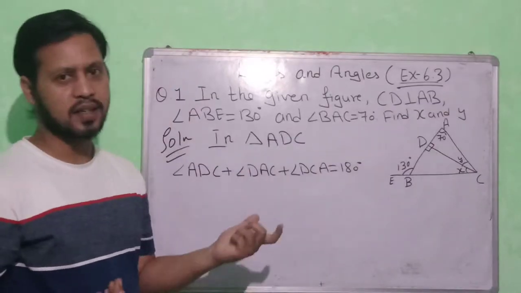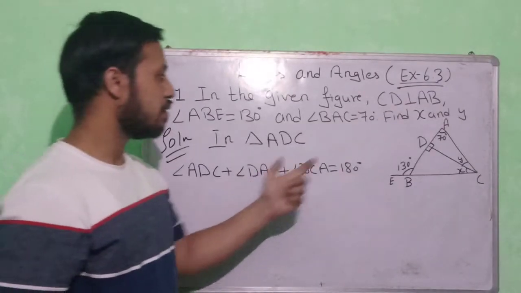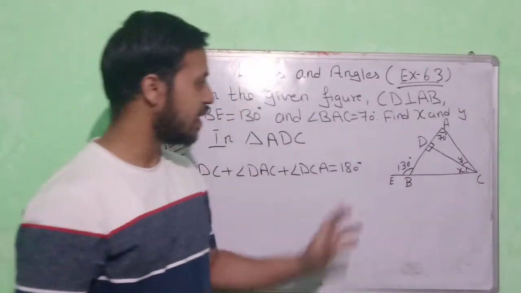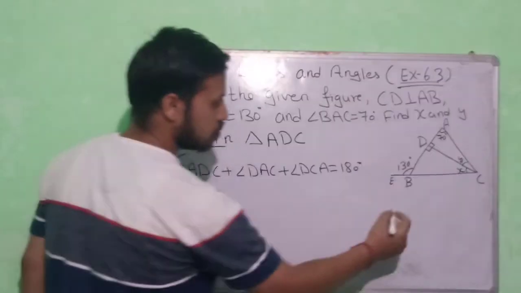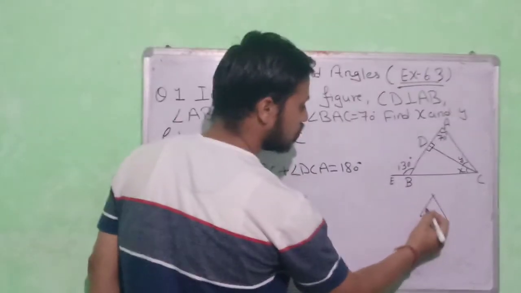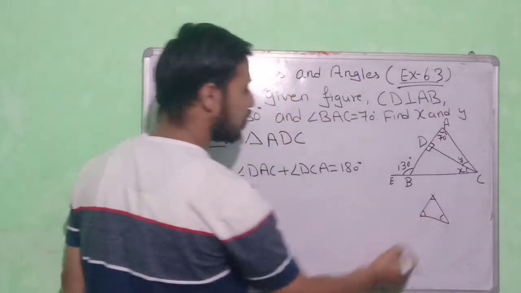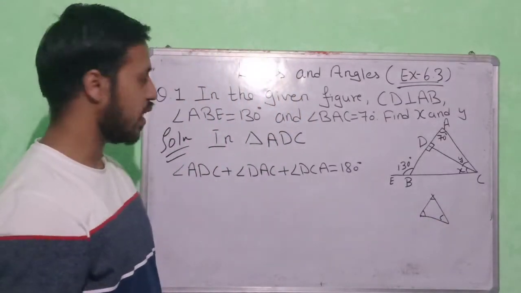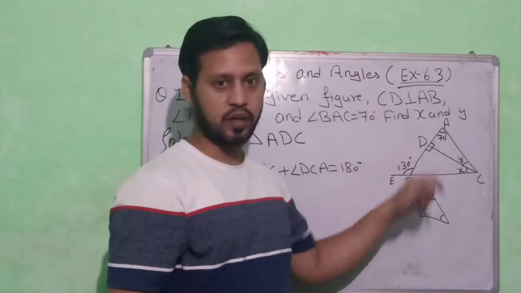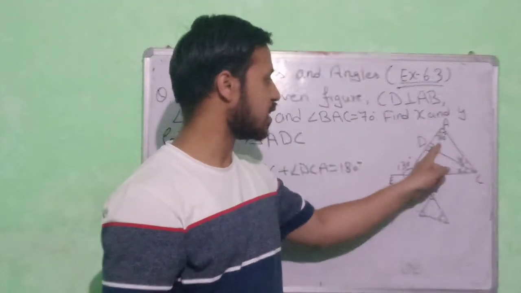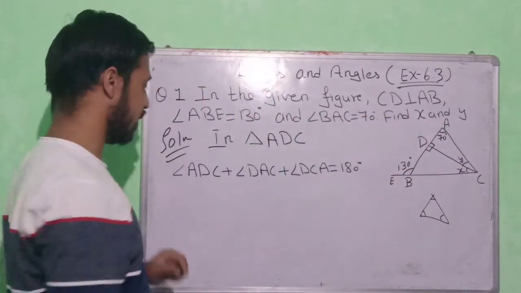By which property? Angle sum property. Earlier we have studied the theorem that the sum of the angles of any triangle is equal to 180 degrees. We are using that property only. This angle plus this angle plus this angle equals 180 degrees.